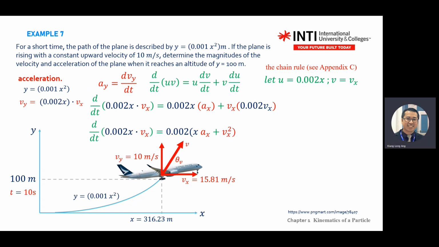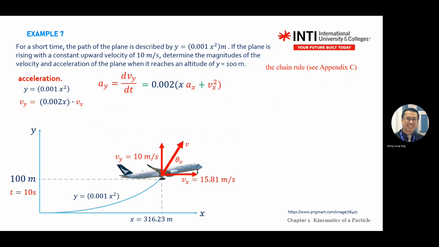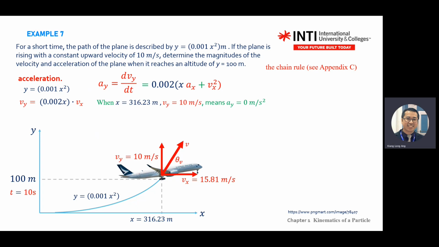You rearrange your equation. It's the same constant value. You pull it out, then you get one equation there. Then how do you solve? You solve by using the graph method or coordinate method. You have your x value, vy value, ay value. This is hidden information. When you have a constant vertical speed, it means acceleration in y is 0. This is a hidden message.